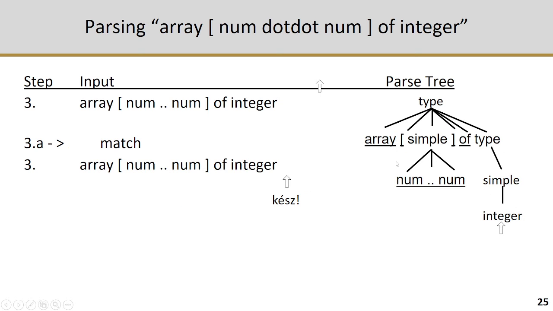And finally we have a parse tree where the array-simple-of-type rule is applied to the type at the root of the tree, then num.num to the simple, and simple to the type at the end of the array definition, and integer to the simple here.